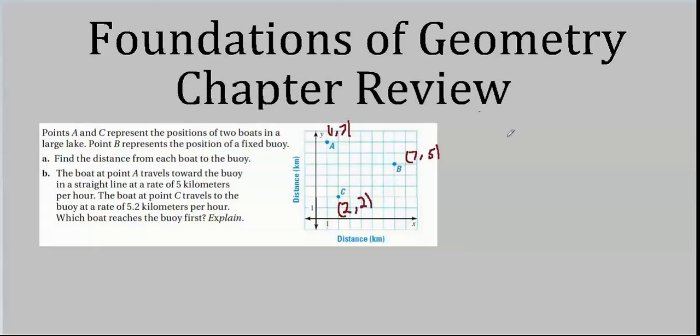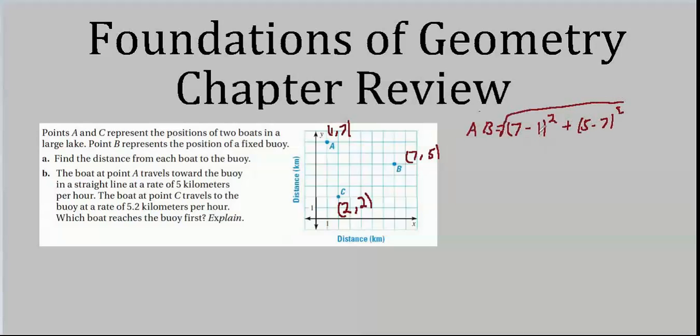So let's see here. Yeah, it's probably a good place for it. AB is going to be, remember our distance formula, 7 minus 1 squared plus 5 minus 7 squared, and we need the square root of all that.